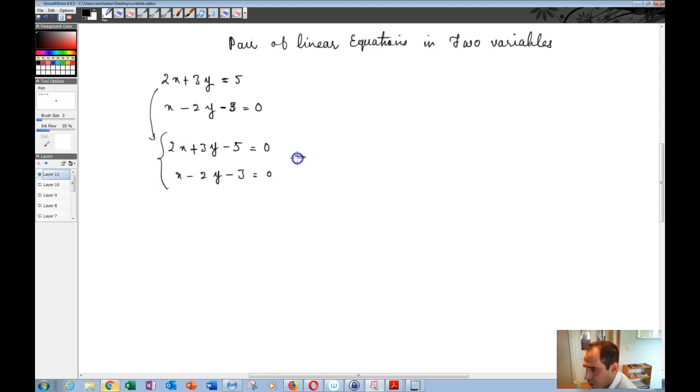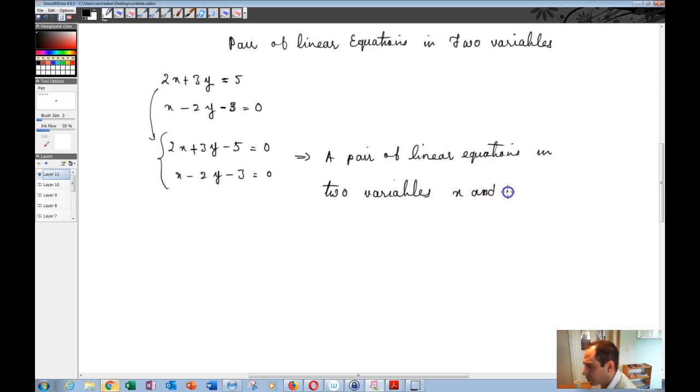So this is a pair of linear equations in two variables x and y, for example.